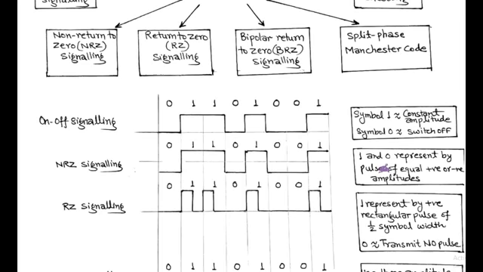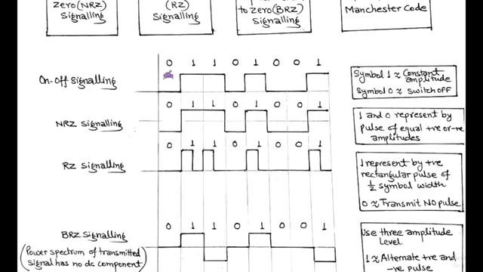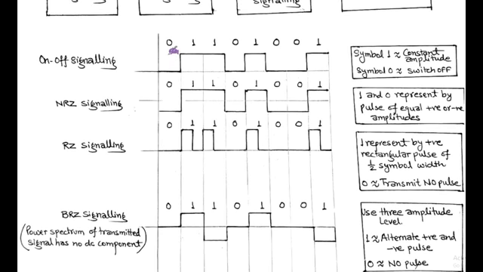To understand these line codes, we consider a binary sequence generated at the transmitter side, and here we take for example 0 1 1 0 1 0 0 1.